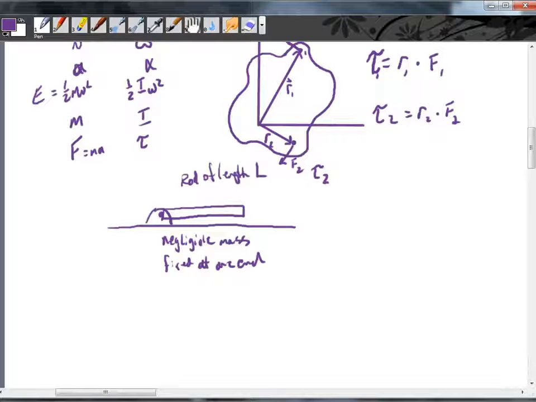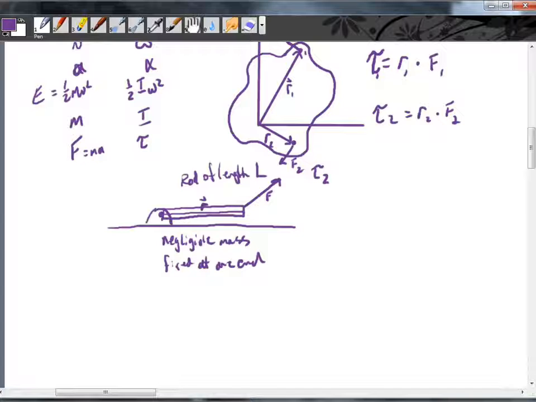So we are going to exert a torque on this, but we're going to pull on this with a force that's in that direction. It has a distance R.